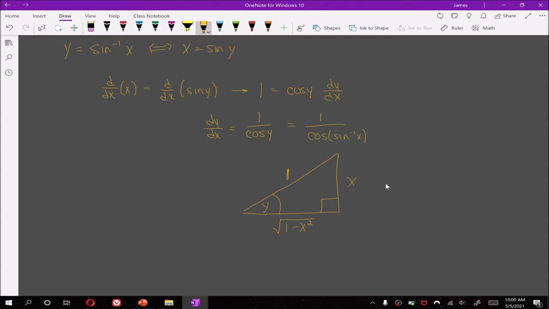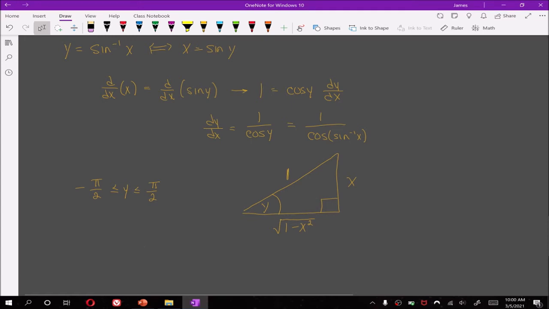Also notice that y itself, the range of the inverse sine function, is negative pi over 2 to pi over 2. So y is an angle between negative pi over 2 and pi over 2.